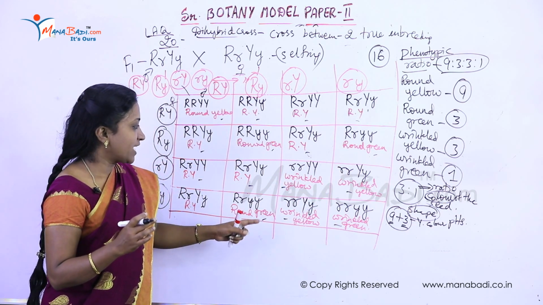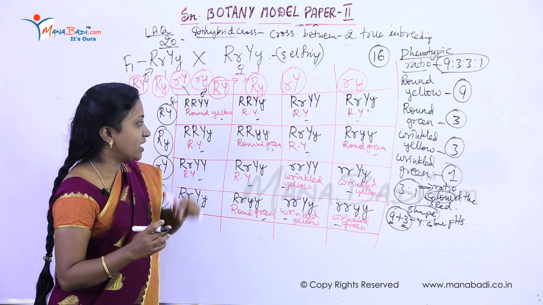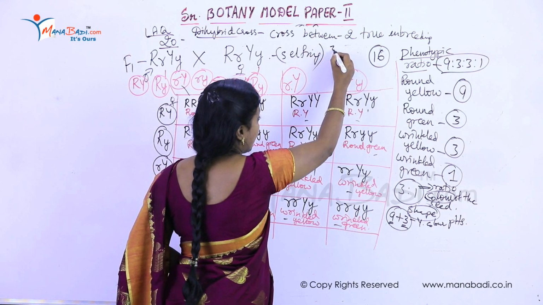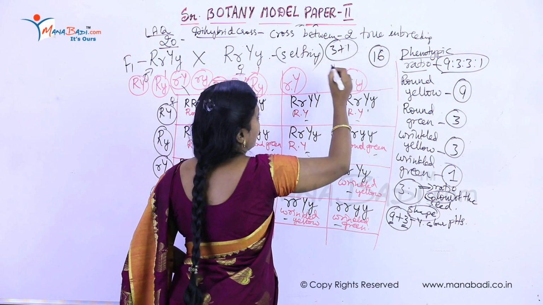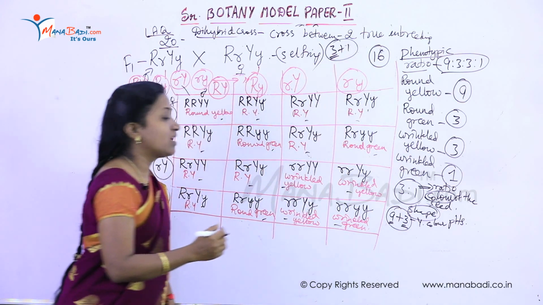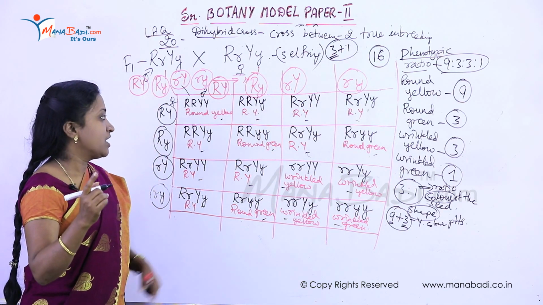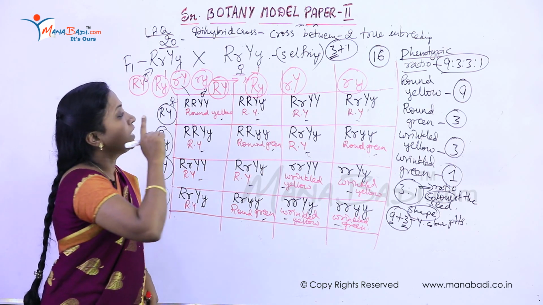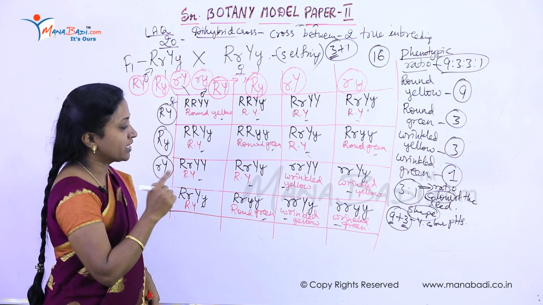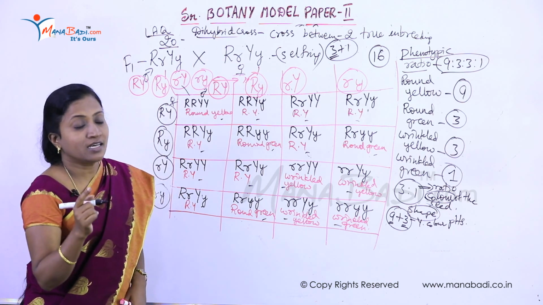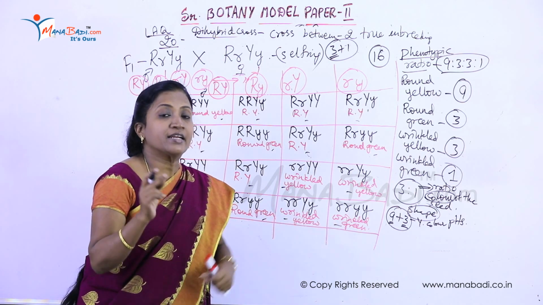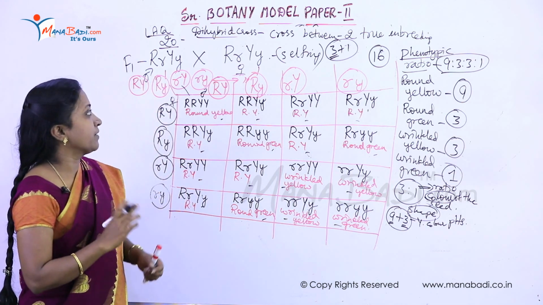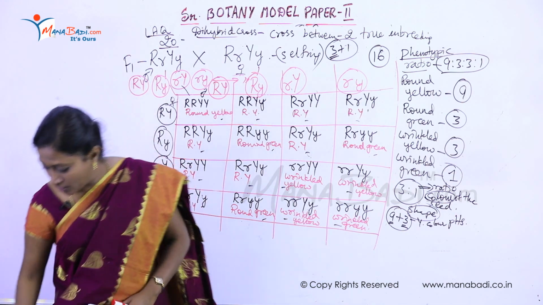Now coming to the next one, green. How many are green? Here also it is 3 plus 1. That is, 3 are round green plants, whereas the rest, 1, is the pure wrinkled green plant. So that's what we can go with.